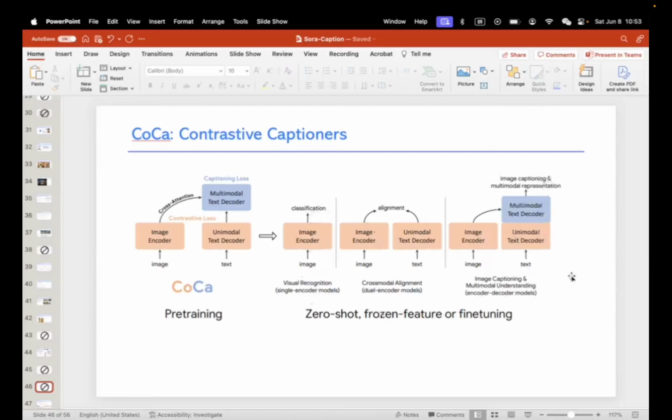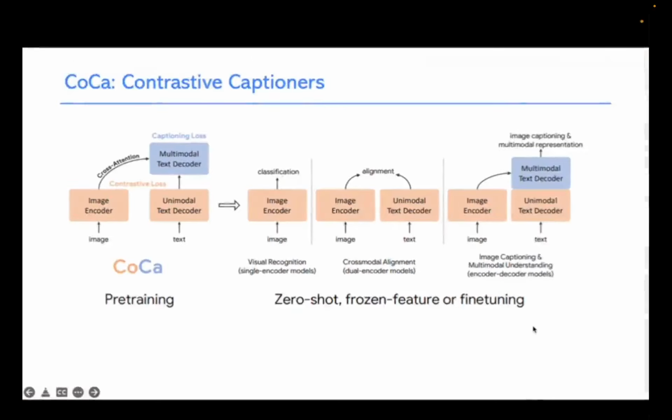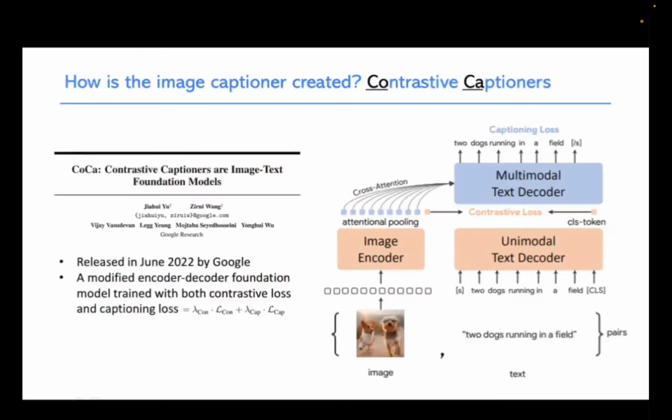This is really cool. Just to make sure, why do we need text input for image captioning? Do we need the unimodal text decoder for the captioning? I think if you only want image captioning, maybe we don't need the text input. But if you want to learn the multimodal representation, you need both. Right. Can you go to the previous pre-training slide? How does the information from the unimodal text decoder go into the multimodal text decoder?